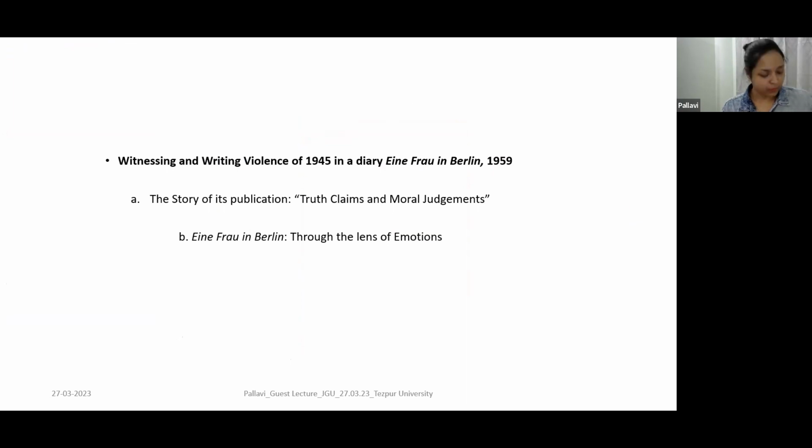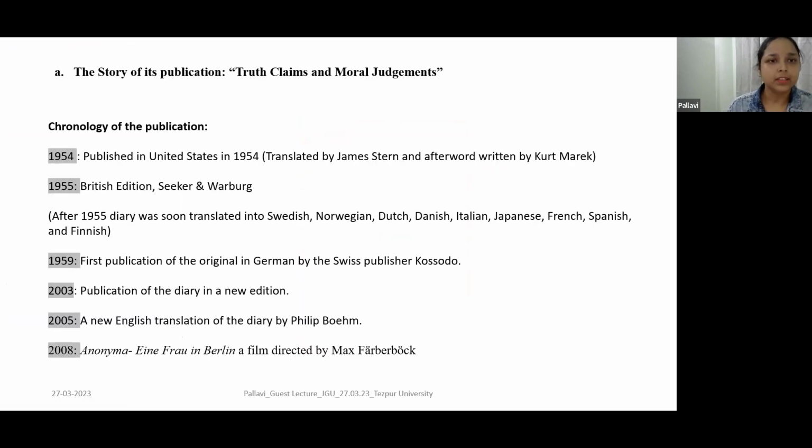The diary has been written from a first-person perspective, and here you can see the chronology of its publication. In 1954 the English translation was first published, then comes the British edition, and after 1955 it was soon translated into other languages like Dutch, Danish, Italian, Japanese, Finnish, etc. In 1959 comes the first publication of the original German by a Swiss publisher.